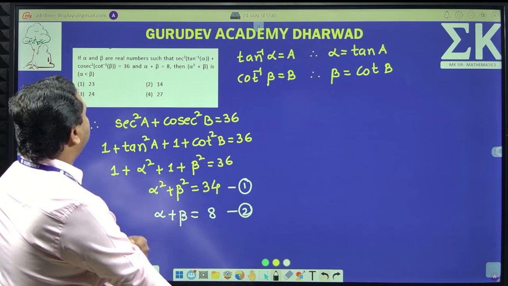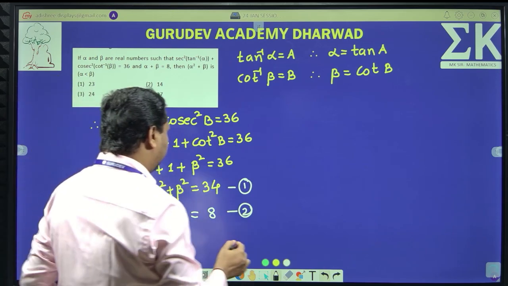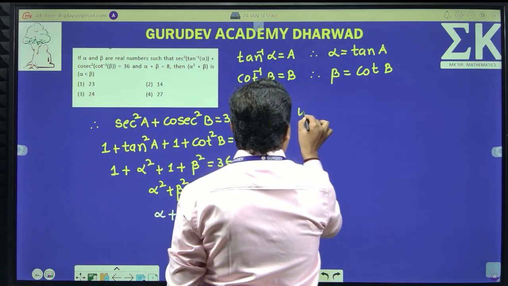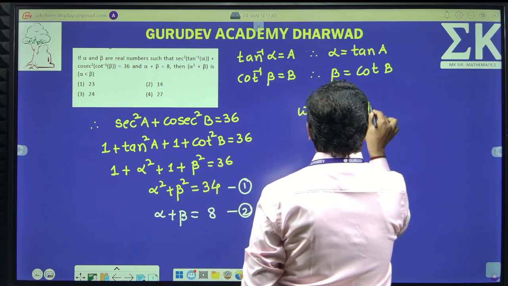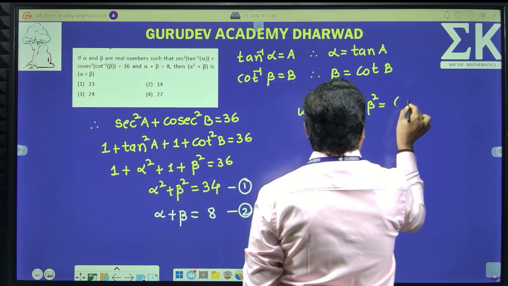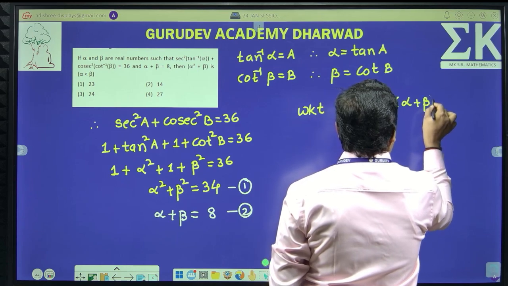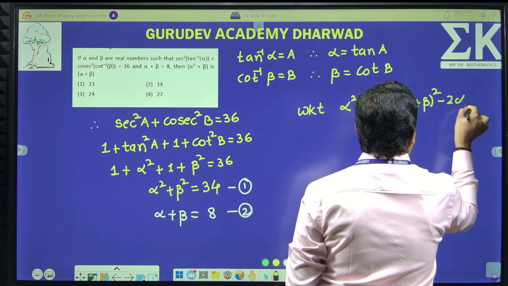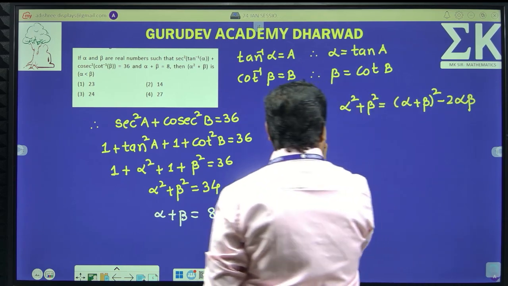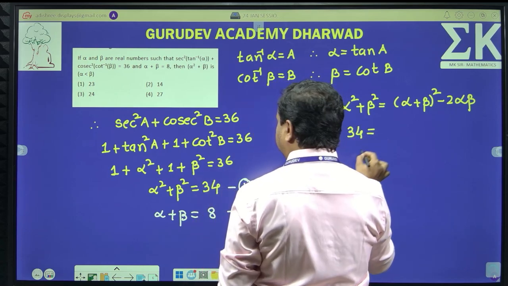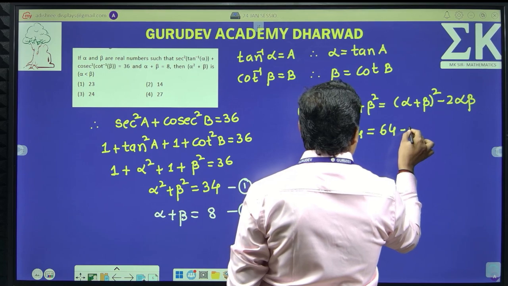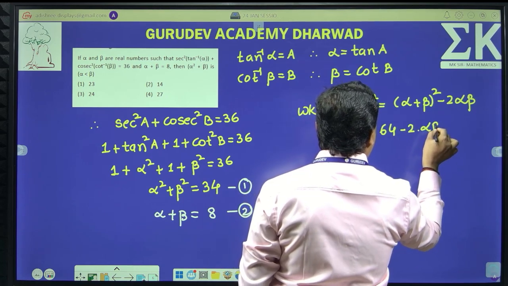Then what is alpha square plus beta is the question. So for that I will take the help of perfect square. We know that alpha square plus beta square is equal to alpha plus beta whole square minus 2 times alpha beta, isn't it? What is alpha square plus beta square? 34. What is alpha plus beta? 8, so 64 minus 2 times alpha beta.